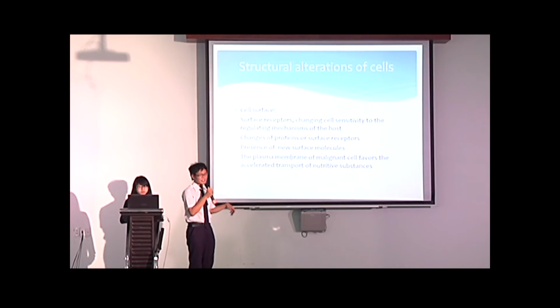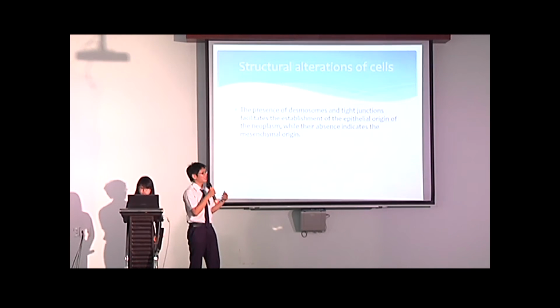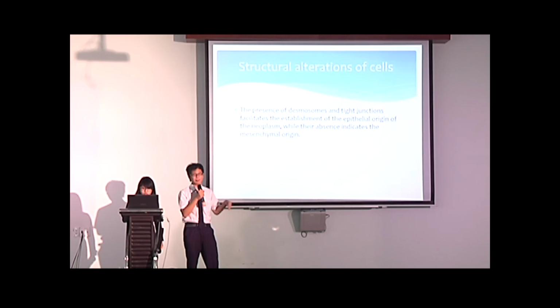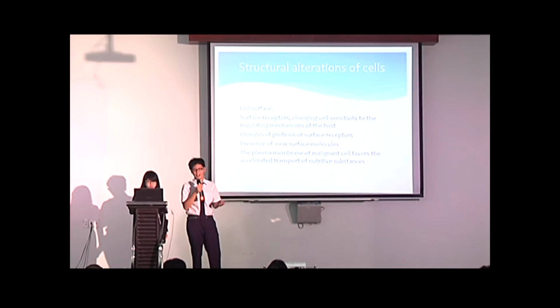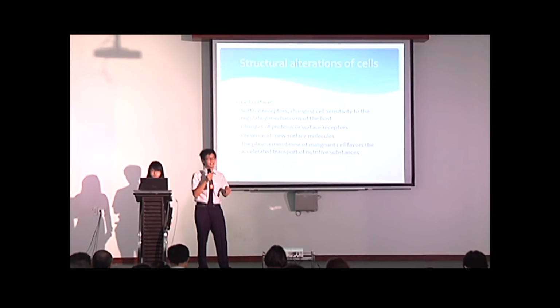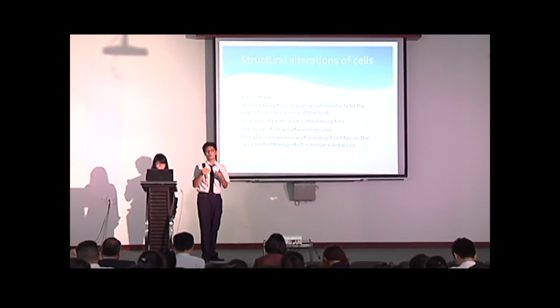On the cell surface, we have a change of the receptors and the receptor sensitivity to the ligands. We may have an increase in transport of nutrients to produce more nutrients for tumor cells.